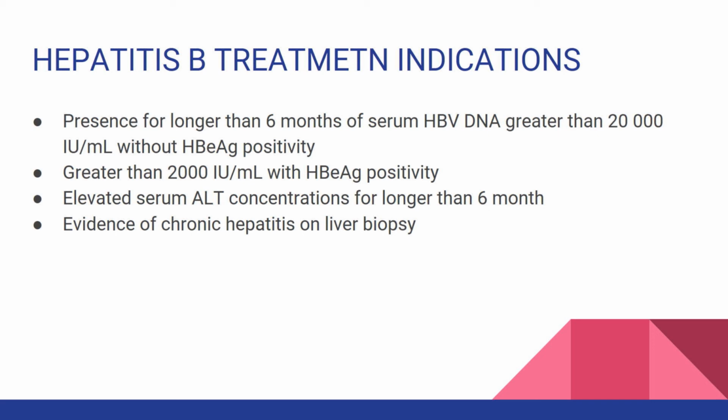Likewise, if there is hepatitis B DNA greater than 2,000 international units with a positive hepatitis B antigen result, that could also be an indication for treatment. By the same token, if you have an elevated ALT, and if there is evidence of chronic hepatitis B on liver biopsy, then that too can be an indication for treatment intervention.